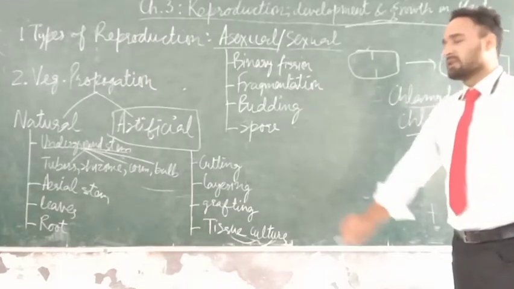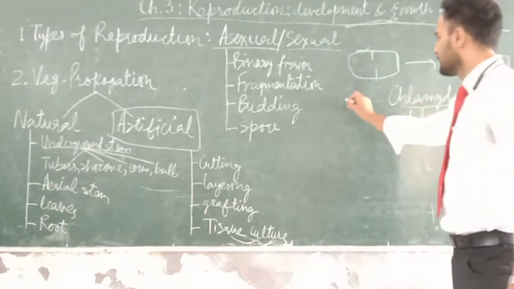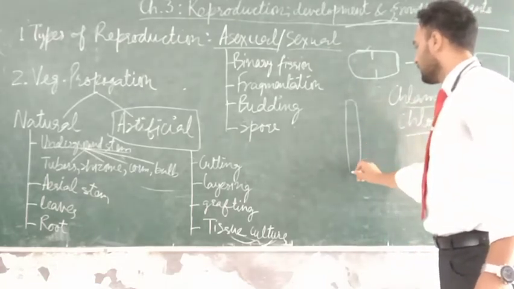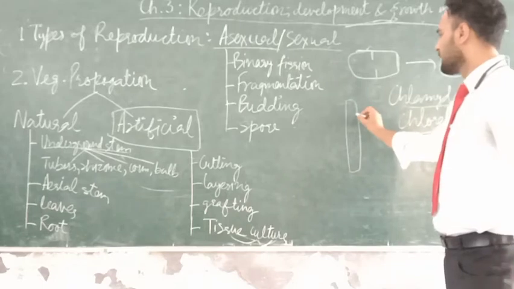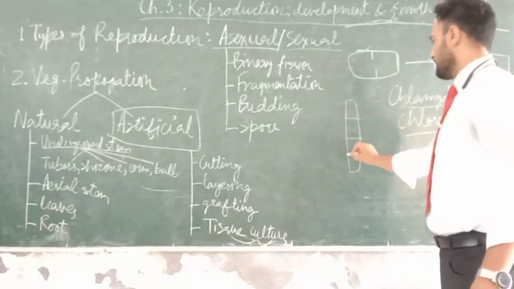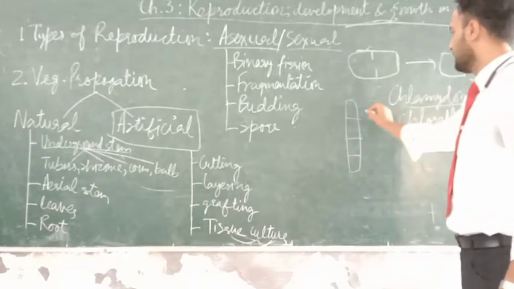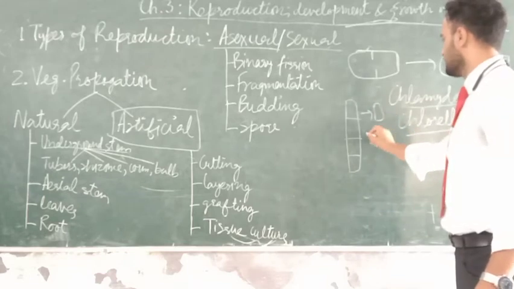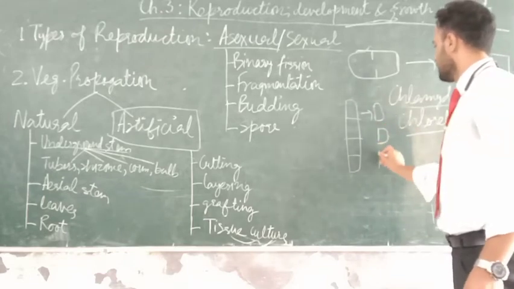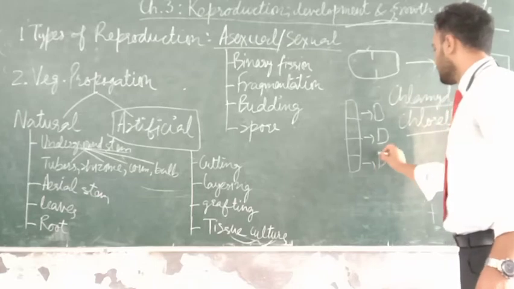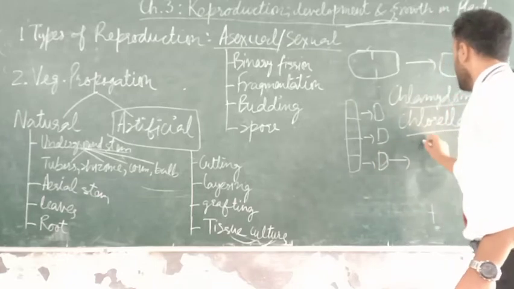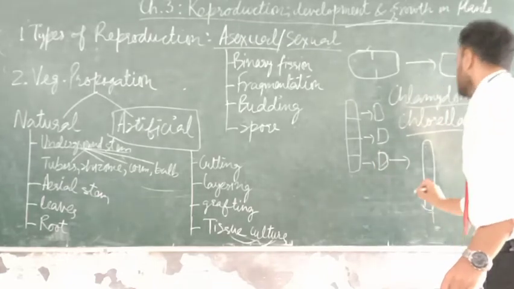The second one is fragmentation. In fragmentation, the parent body, the single parent, divides into many fragments, and these fragments are capable of developing into a whole new individual.